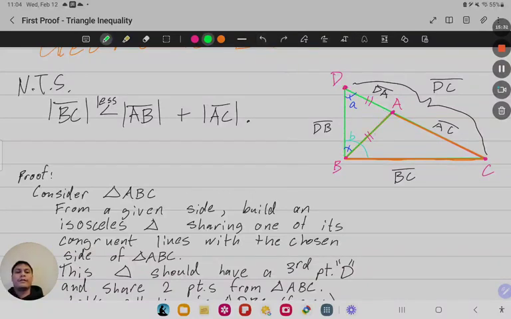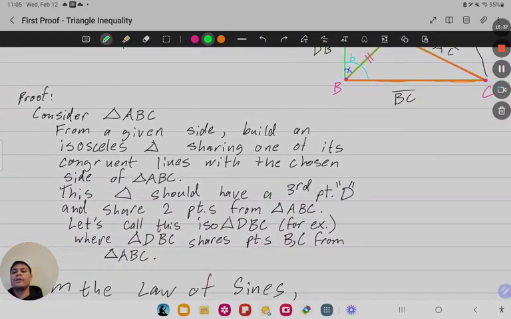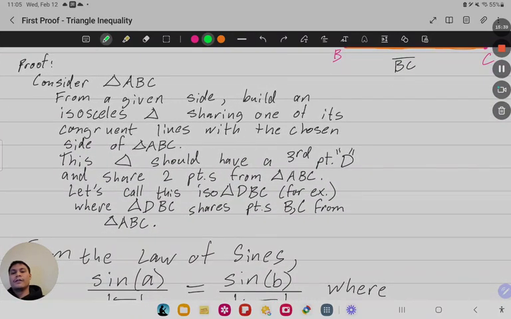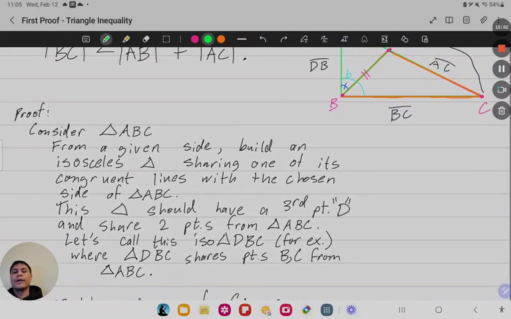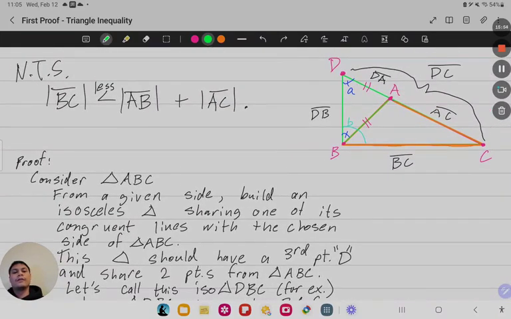It's going to be reflected across this side AB, so it's going to share one of its congruent lines with the chosen side of triangle ABC. In this case, it chose line AB. So this should have a third point D, and share 2 points from ABC. In this case, triangle ABD shares points A and B.